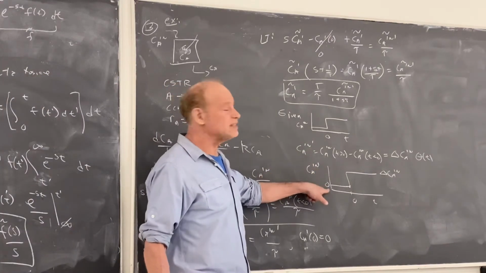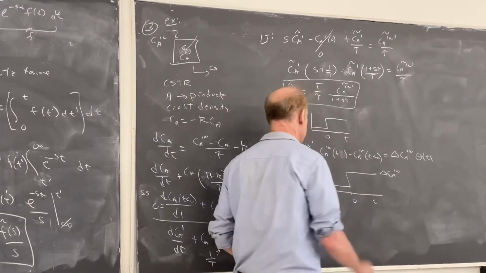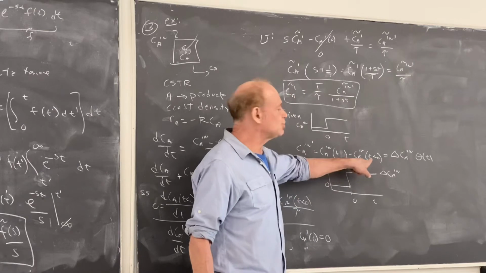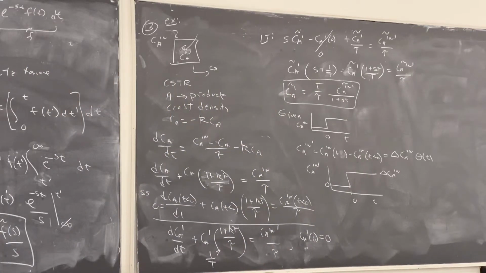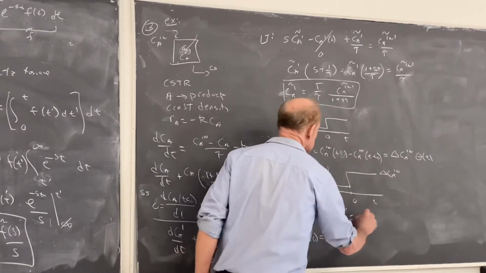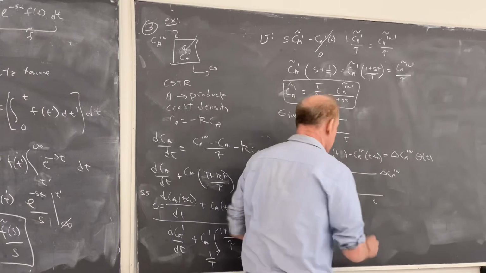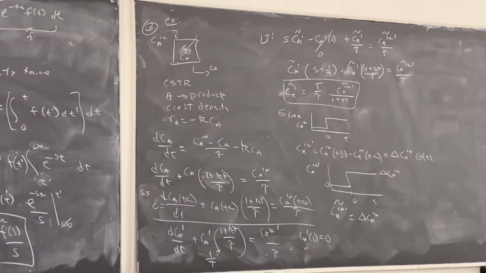Since I have a prime, it's 0 for t less than 0, and for t greater than 0 it's just delta CA in. That's exactly my step function, my theta. Therefore the Laplace transform CA in prime tilde: this is just a number, delta CA in, and the Laplace transform of theta is just 1 over S.